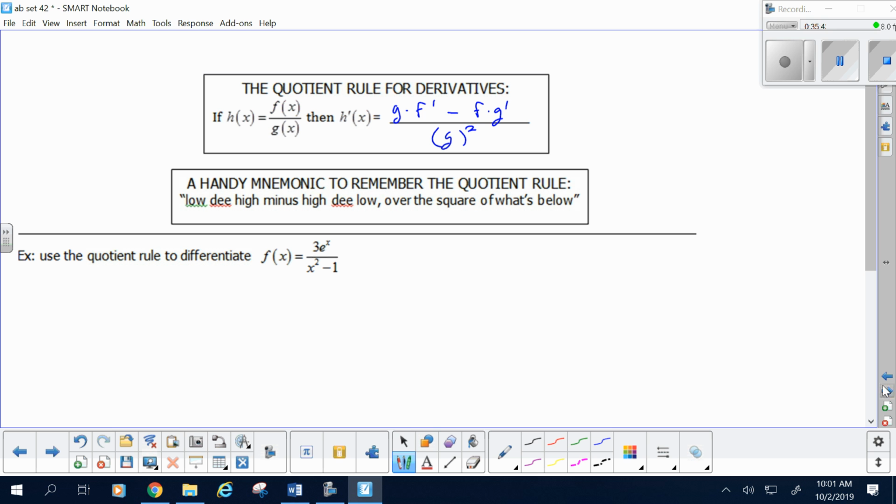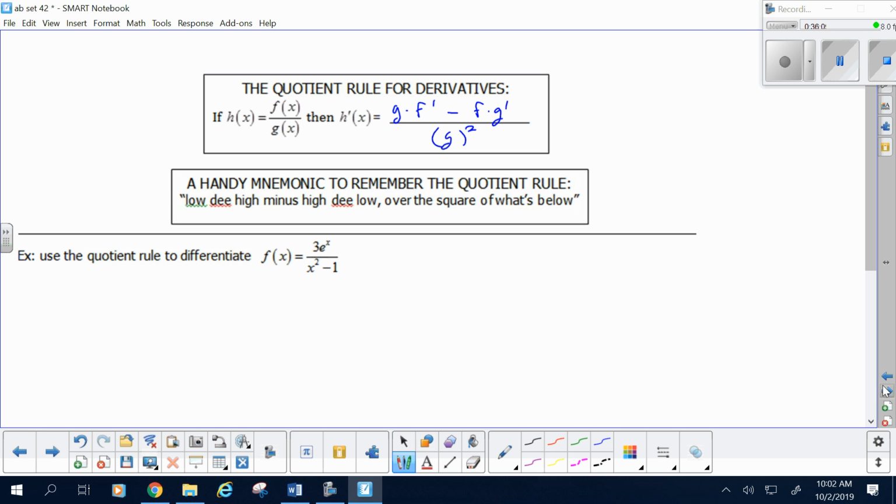Now that seems like you guys have pretty darn good power to memorize, but this is actually not that hard to come up with because there's a really easy mnemonic that never fails you. Ms. Cannon says this a little different than I do, okay? But it goes something like this. When you take the derivative of a quotient, it's low, which is the lower function, d high, which is the derivative of the upper function, minus high, the upper function f, d low, the derivative of the bottom function, over the square of what's below.